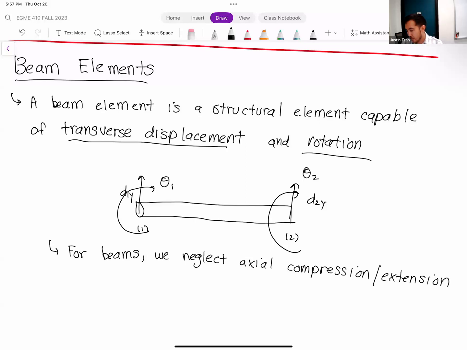In fact, if we were to bring in axial compression and extension, that would be a frame element, and those are legitimately a nightmare. So we're not going to go there.